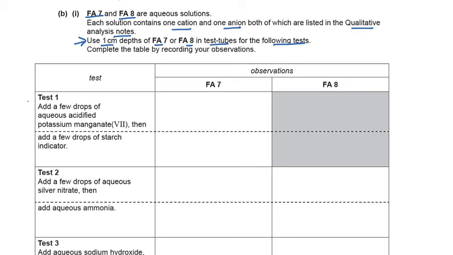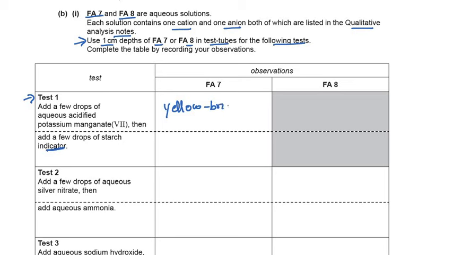So let's go ahead with the first test. It says add a few drops of aqueous potassium manganate, then add a few drops of starch indicator to Fa7. Here Fa8 is grayed out in color, which shows that we are not supposed to perform this test on it. Now in Fa7, on adding potassium manganate, the observation is a yellow-brown color of the solution.